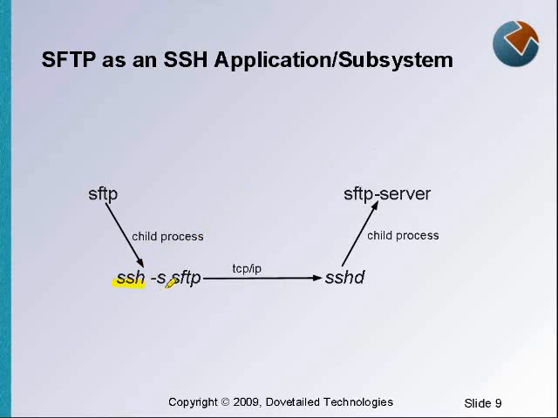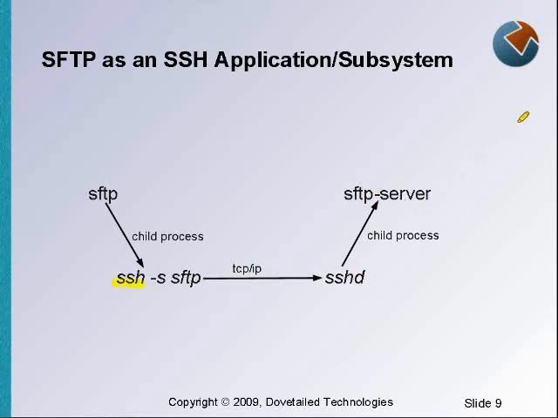And this SSH command that it starts actually makes a connection to SSHD, which is the server, over a secure connection and does all the authentication and all the stuff we talked about. This -s says that he wants the SFTP subsystem. SSHD sees that and starts the SFTP server process as a child process.